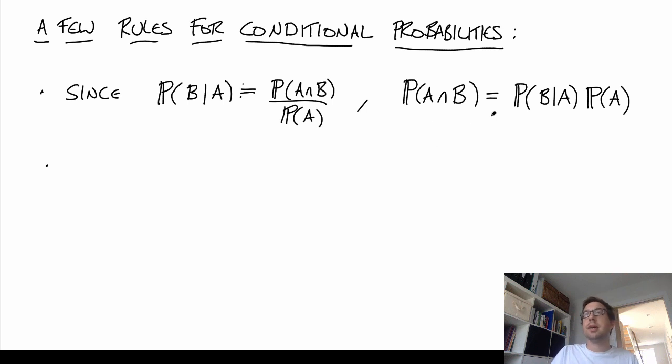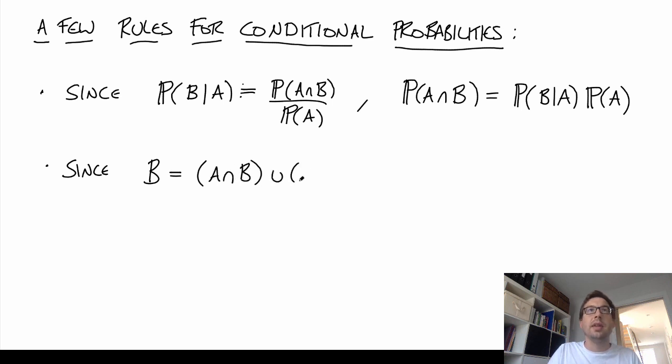This can also be combined with our previous probability rules. Note that, for example, we take an event B, and B is the union of two disjoint events: one where A occurs and B occurs, or one where A does not occur and B occurs.